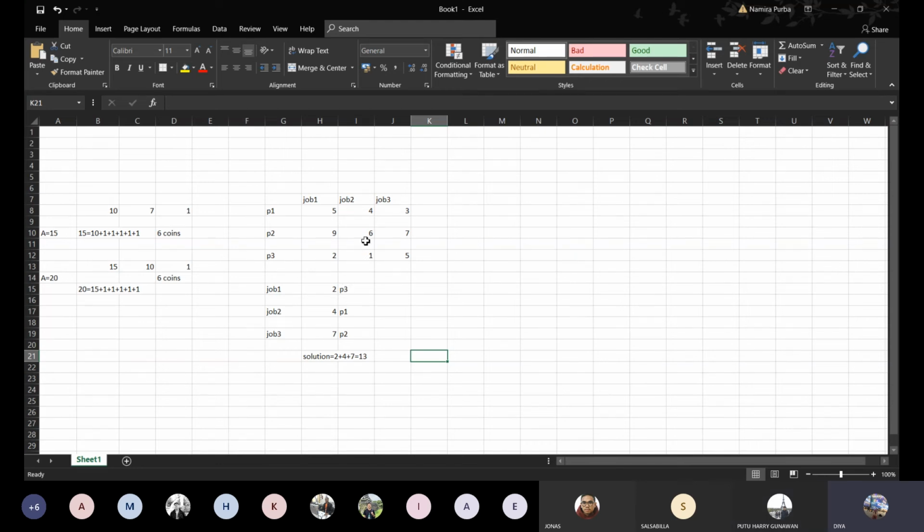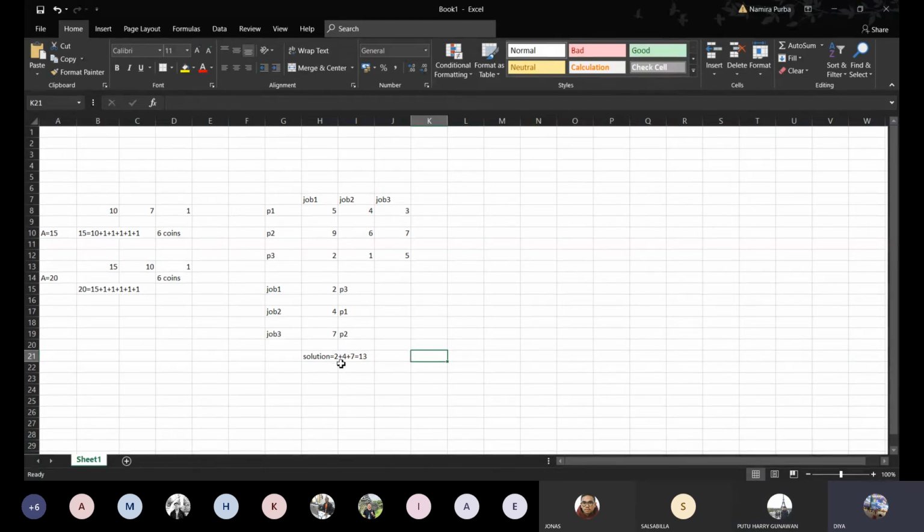The second job is four and six because we already deleted the one. The smallest is four, which belongs to the first person, and job three is only seven because we already deleted three and five. So seven belongs to the second person.